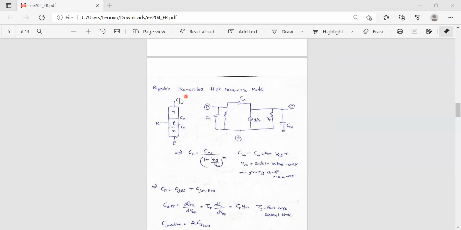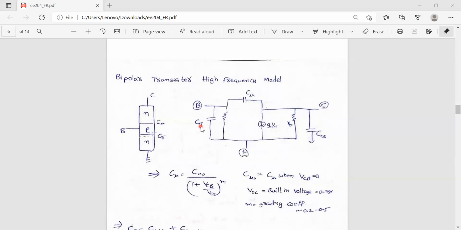For low frequency, we already know the BJT and MOSFET structures, but for high frequency inputs, that structure is not valid. There are some capacitances which we need to consider. We consider three types of capacitance: one between the base and the emitter, one between the base and the collector, and one between the collector and substrate.